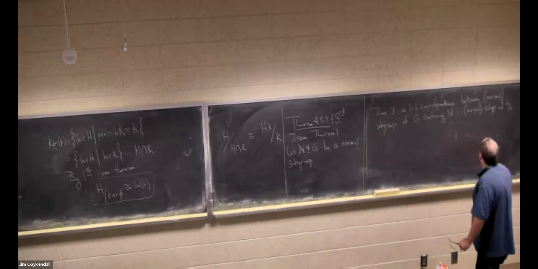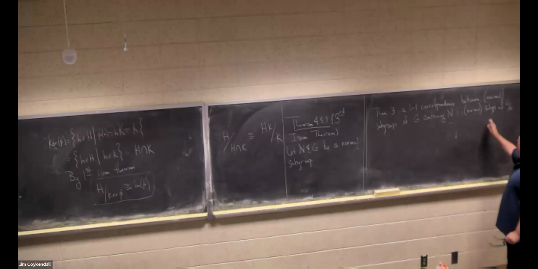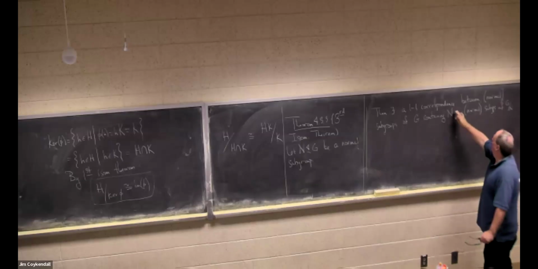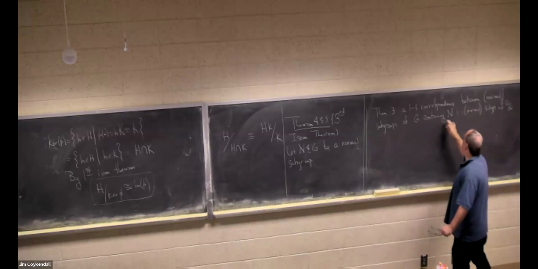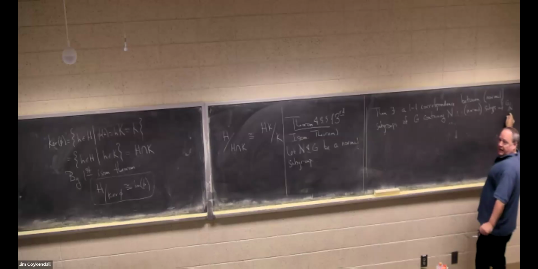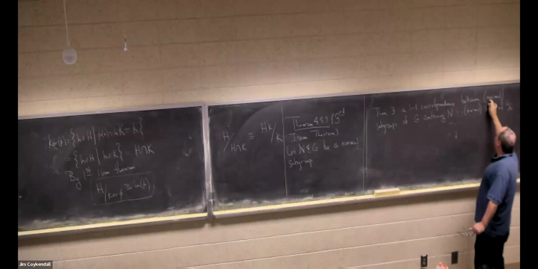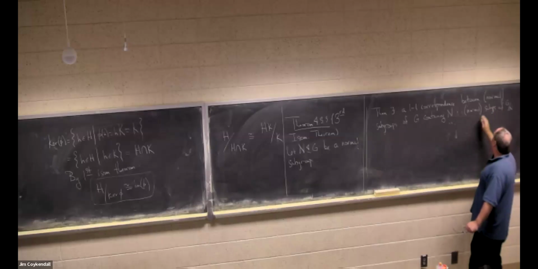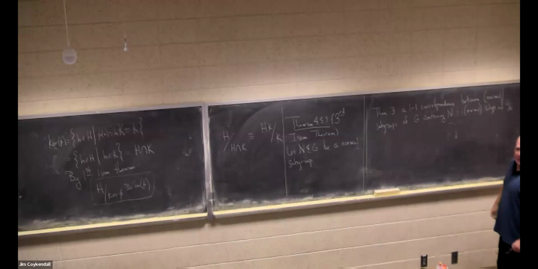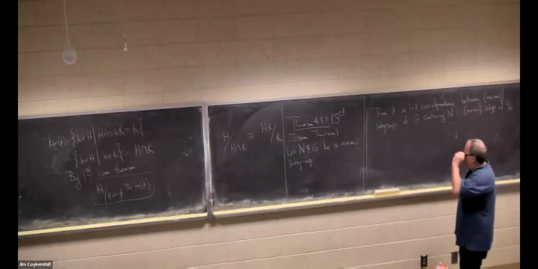You can remove both normals and the statement is correct. So there's a one-to-one correspondence between subgroups of G containing N and subgroups of G mod N. And if this subgroup is normal, then so will be its correspondent. So you can either remove both normals or leave both normals. Okay.